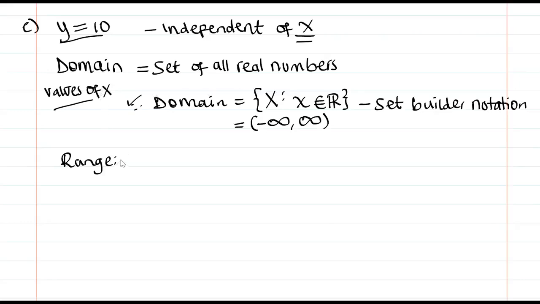Now the range is always going to be 10 regardless of the input value of x. Therefore, our range will always be 10 irrespective of any value of x that we substitute there. Our range will always be 10.